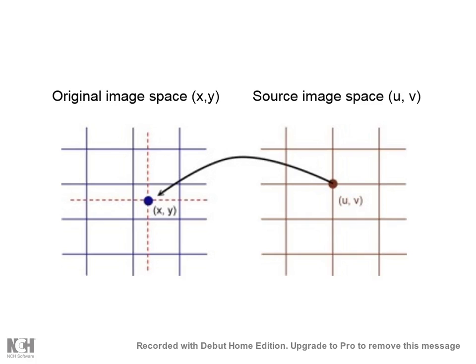Then I want to assign the color to the pixel. For nearest neighbor interpolation, it just assigns the color of the nearest pixel. So which one is the nearest neighbor? 1, 2, 3, 4. Which one? It's the first pixel, the first pixel is nearest to xy.